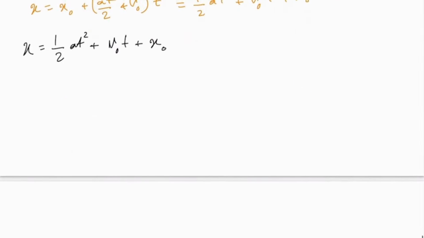Let's see an example of where we can use this equation. We have a car that accelerates from rest. v0 is 0. a is 10 meters per square seconds for 5 seconds. So t is 5 seconds. How far does this car travel in this time?